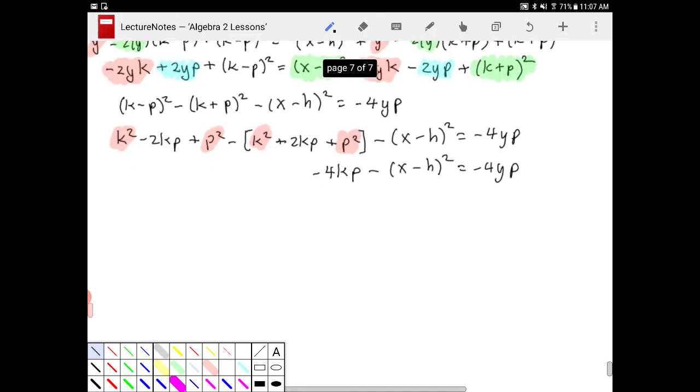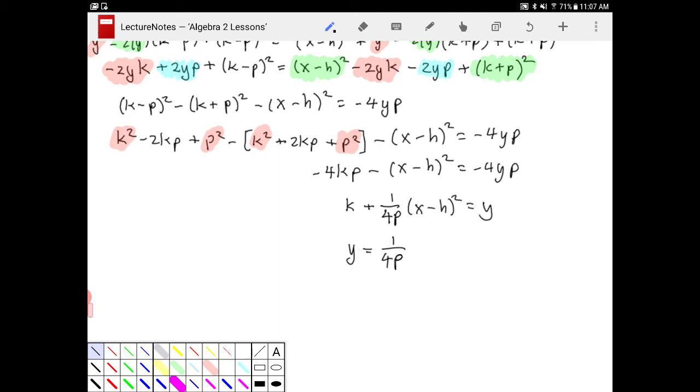What I'm going to do now is divide by negative 4yp from both sides, and if I do, I'll end up with k plus 1 over 4p times x minus h squared is equal to y, or y is simply 1/4p times x minus h quantity squared plus k.